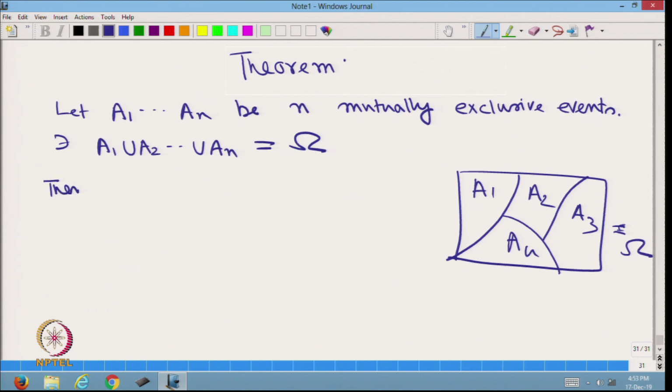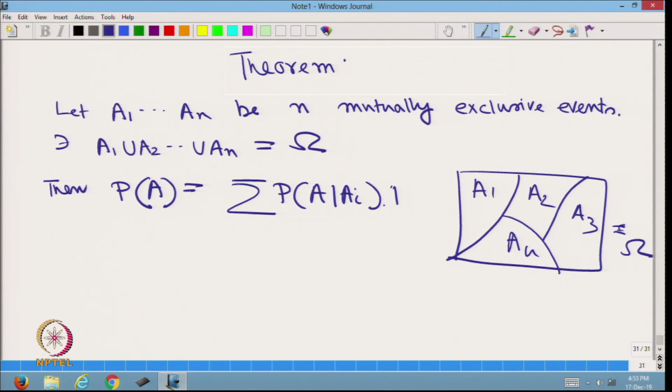Then the probability of any event A is equal to the sum over i equal to 1 to n of probability of A given Ai multiplied by probability of Ai.